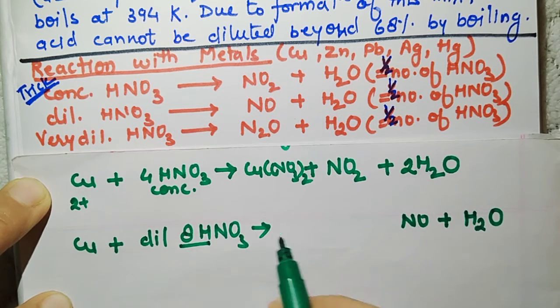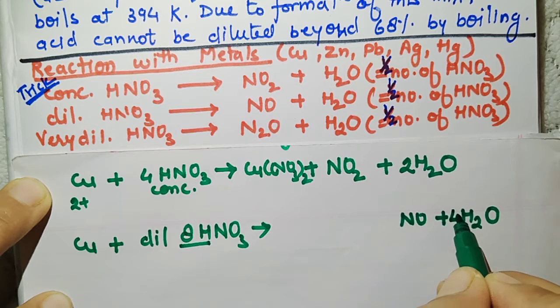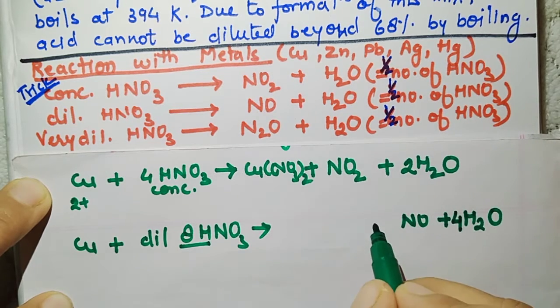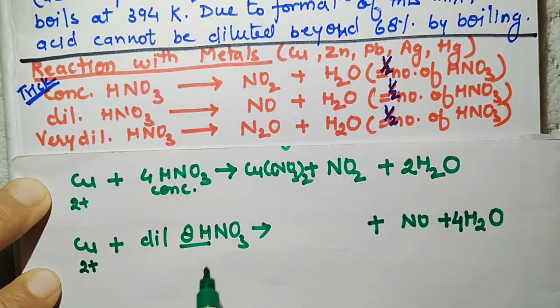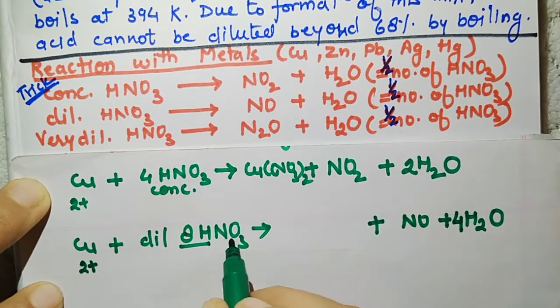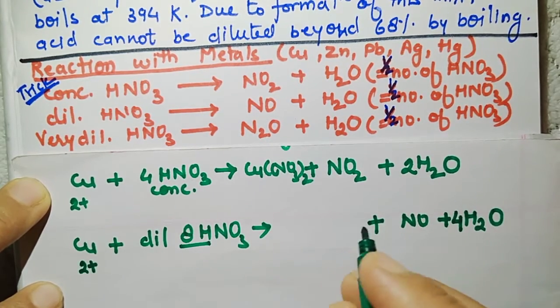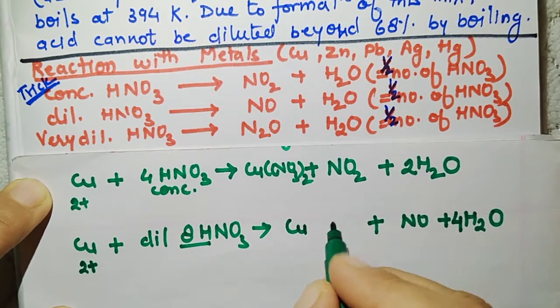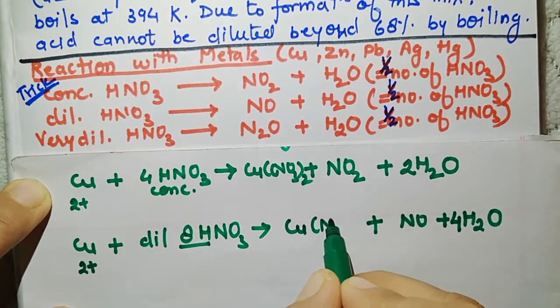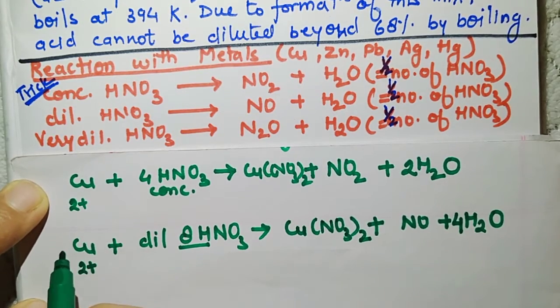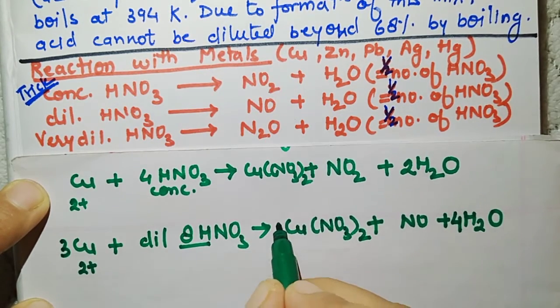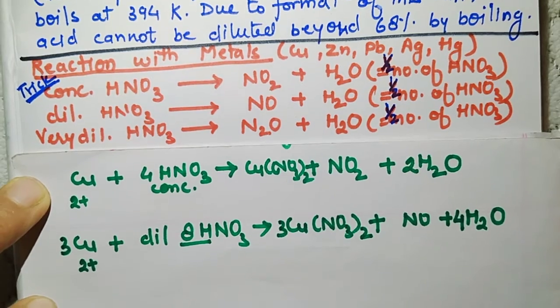So it will give you half the molecules. So it will be giving you 4. Now what is remaining? Again valency of Cu is 2 plus. Here NO3 is 1. So it will give you Cu(NO3)2. On balancing it, this is 3. On balancing, this is your reaction.